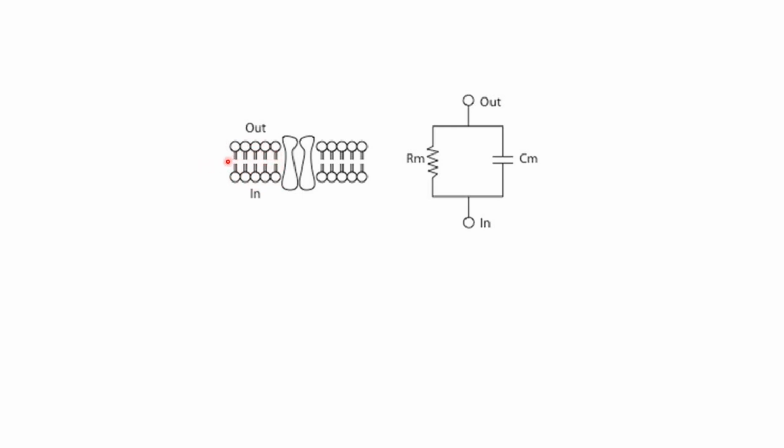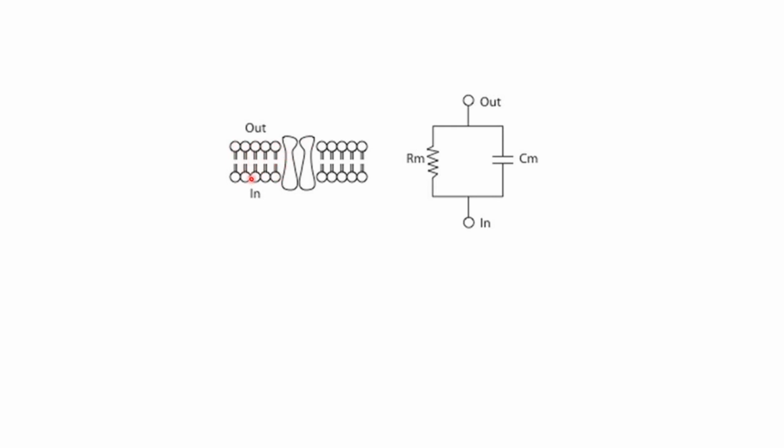This hydrophobic region in the middle does not allow charge to pass through, so it acts as an insulator, whereas these polar heads are more friendly to charge, so positive or negative charge can accumulate along these layers. So this arrangement functions like two conducting layers separated by an insulator, so it acts like a capacitor.